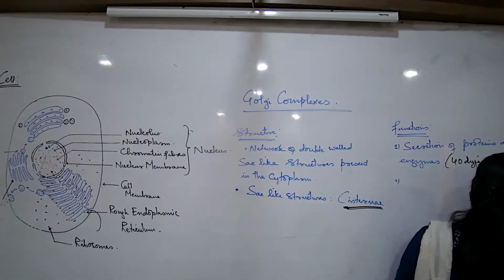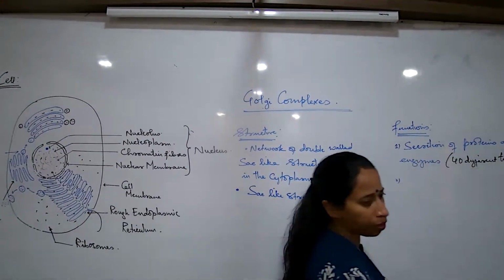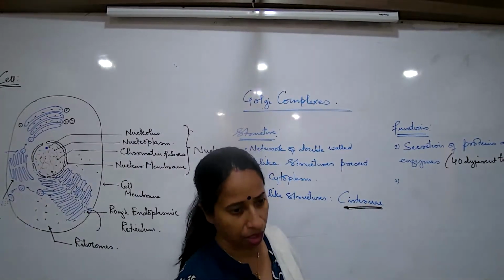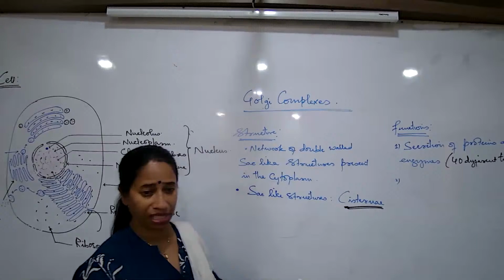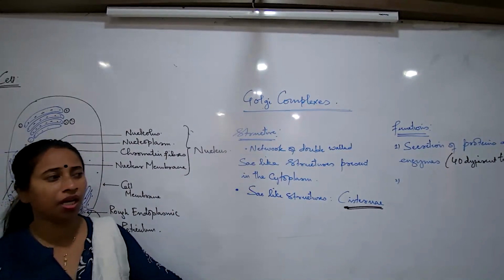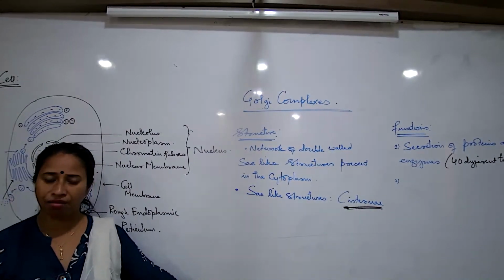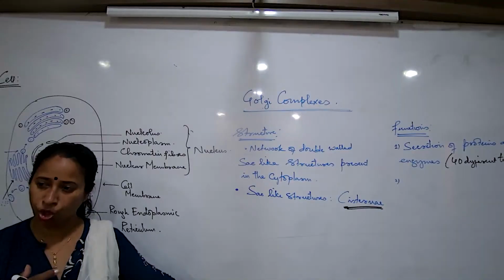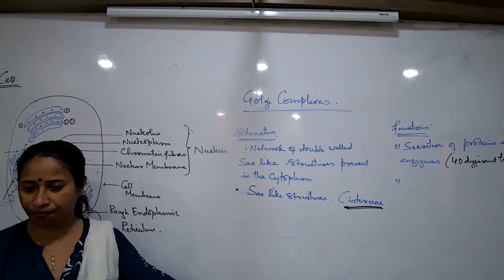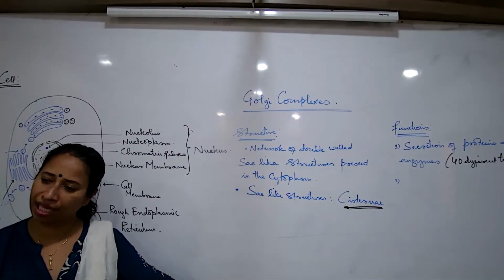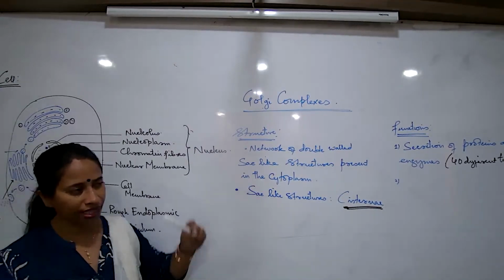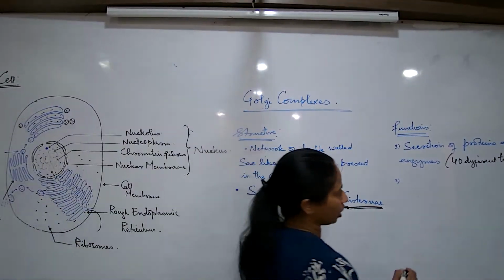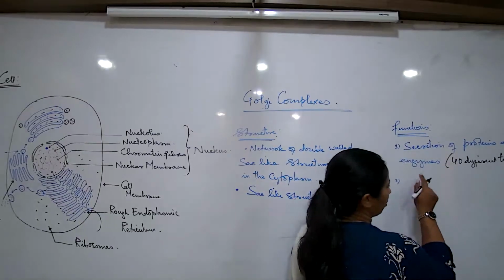Now see, quite a number of proteins we are consuming along with the food, and there is a variety of enzymes and proteins that the cell makes on its own. So the Golgi can produce a variety of such enzymes and proteins on its own.